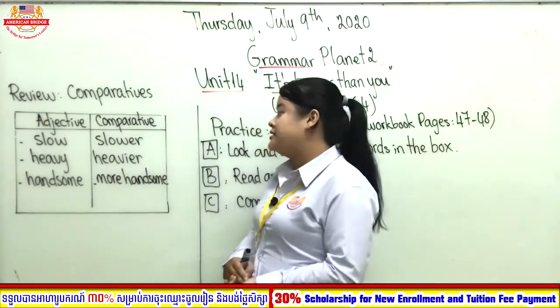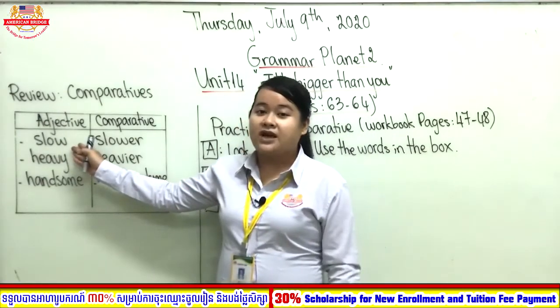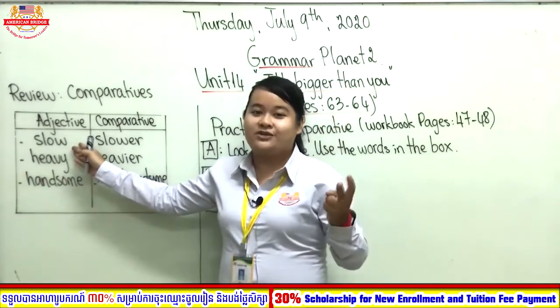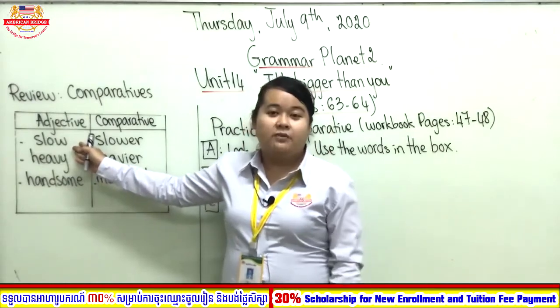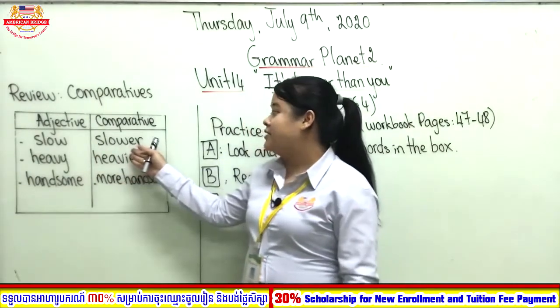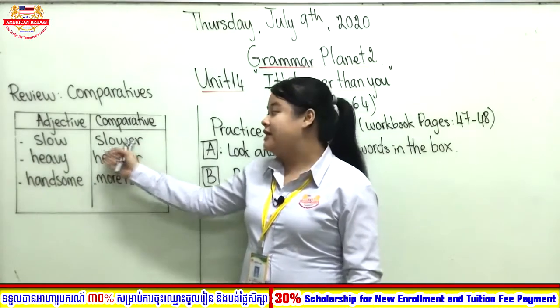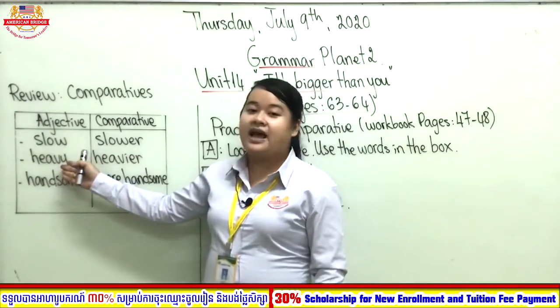Okay, so the first one is the word slow. As you know already, slow is one syllable or two syllables? Very good. So slow is one syllable, right? So when you change it to comparative, you need to add er. Slow, slower, right?